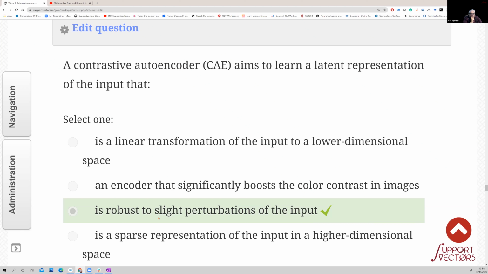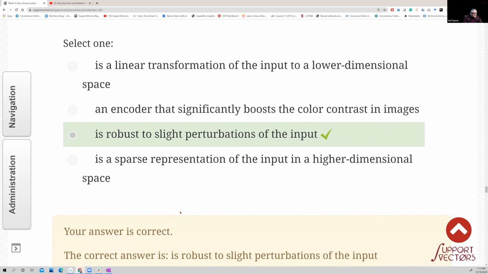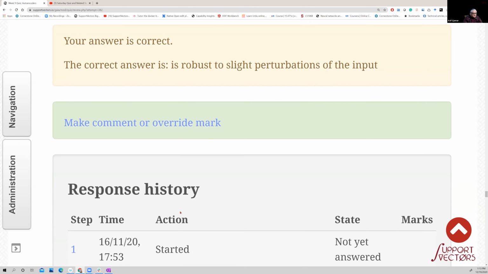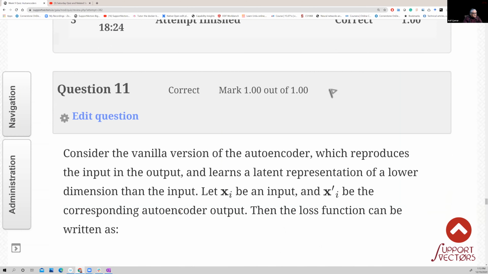If you remember, we use the gradient of the Jacobian, the squared gradient of the Jacobian. You add that as a regularization term in the loss function. So it's something that you probably forgot. If you go back and look at the notes, you'll see it there.